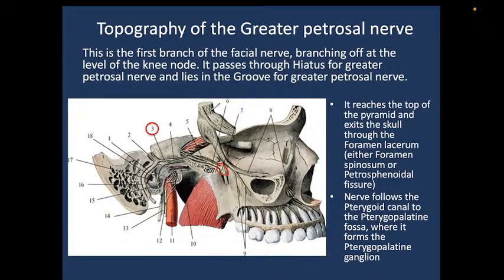So the greater petrosal nerve is responsible for innervation of mostly glands located in the upper part of our head. First of all, these are the lacrimal glands, then nasal cavity glands and mucosal glands, and small salivary glands in the upper part of the oral cavity.